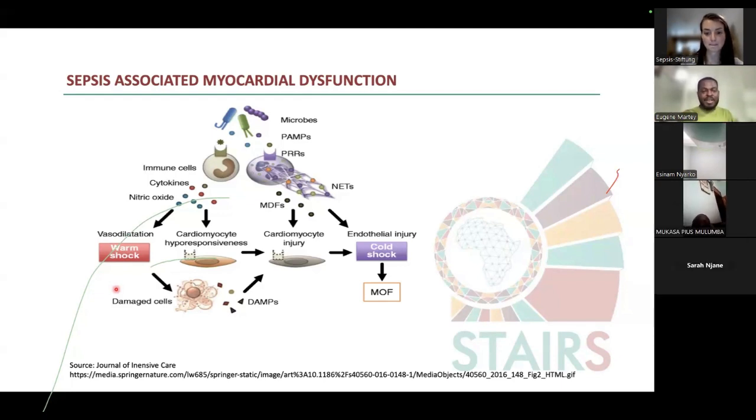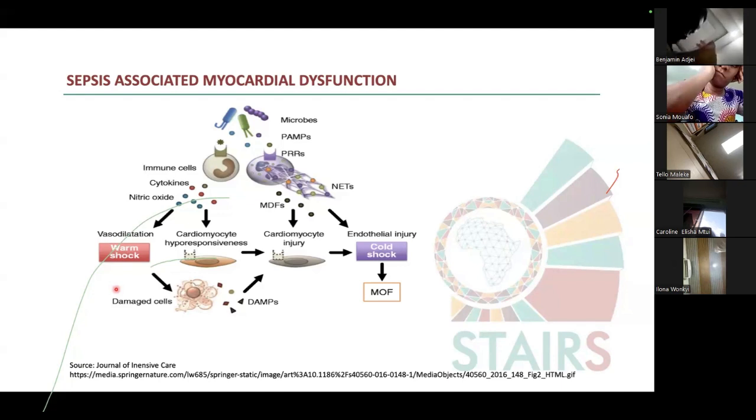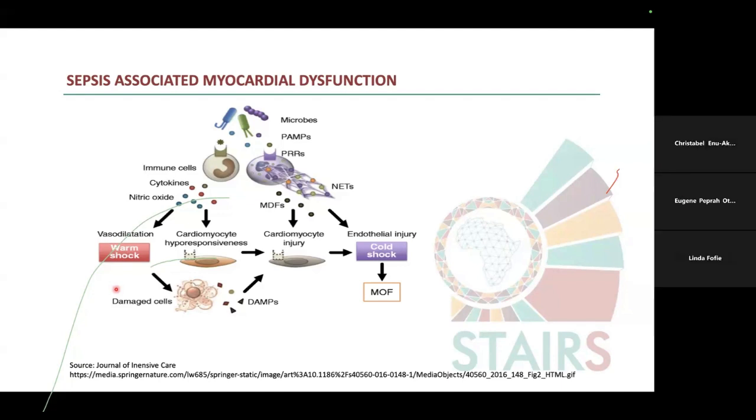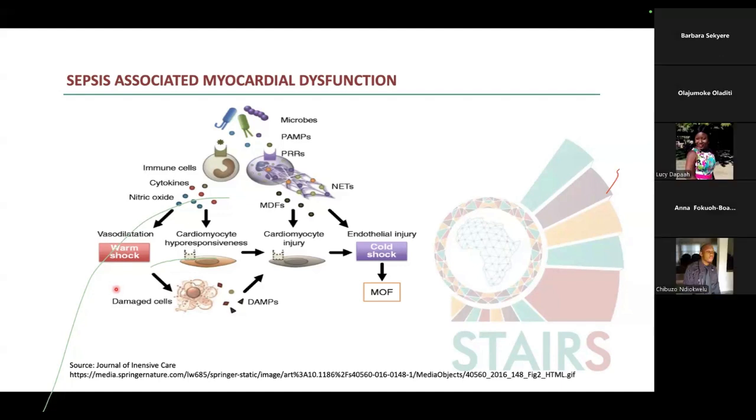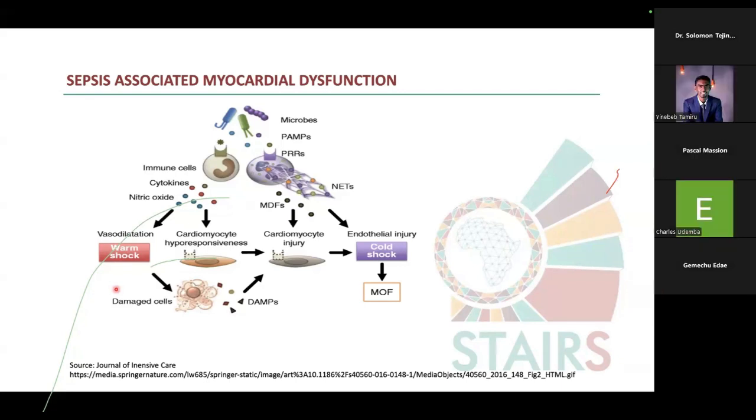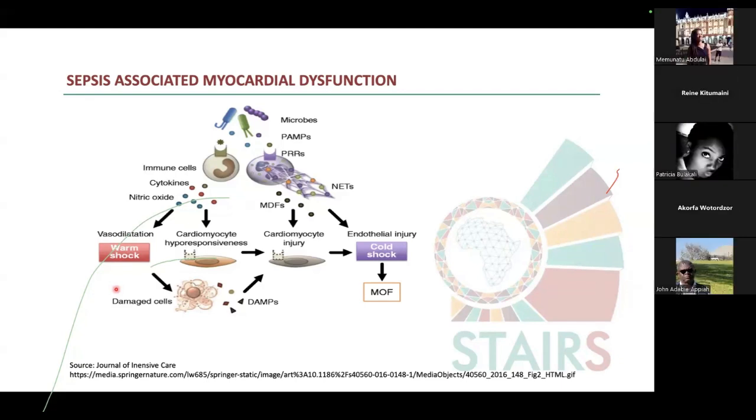Sadly enough, damage-associated molecular patterns, which are damaged cells from the host or from the child, may also trigger more inflammation and injury to your myocytes. And then, of course, your patient may then progress into cold shock and then subsequently into multi-organ failure or multi-organ dysfunction.